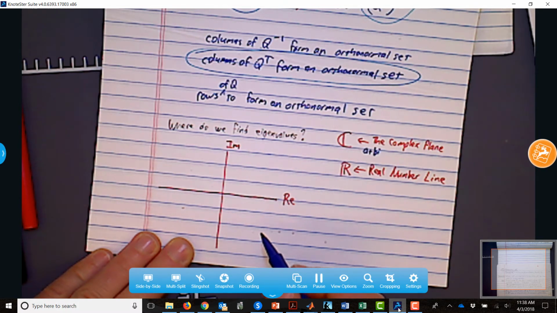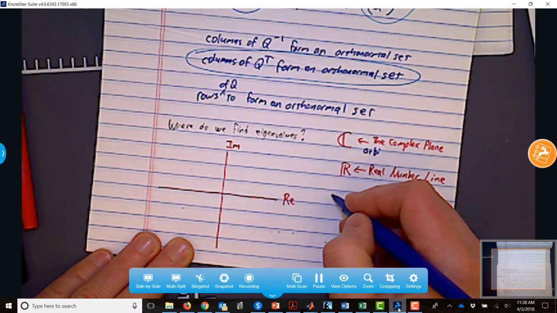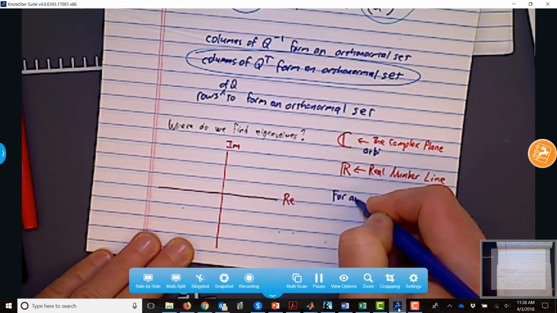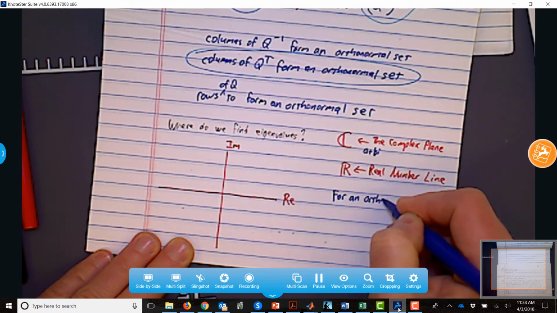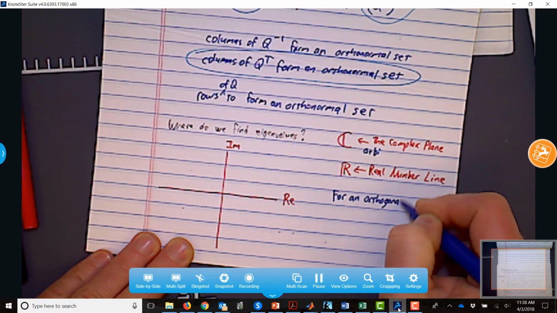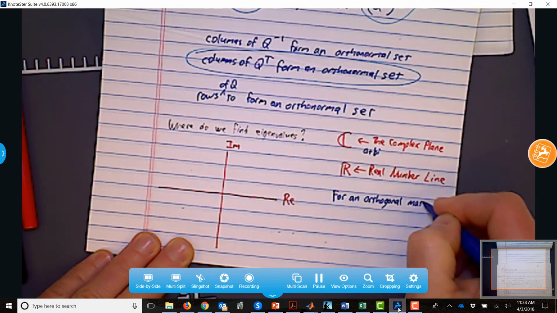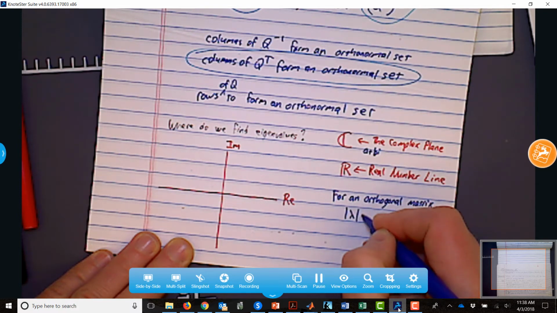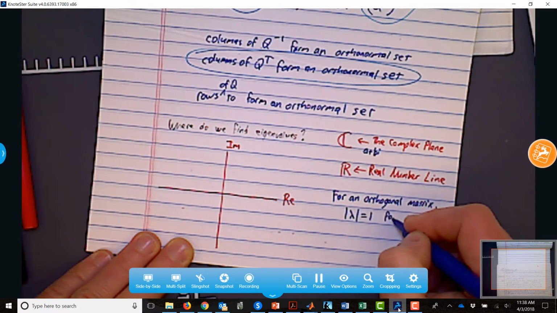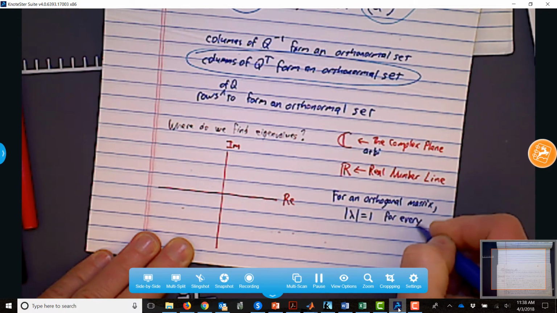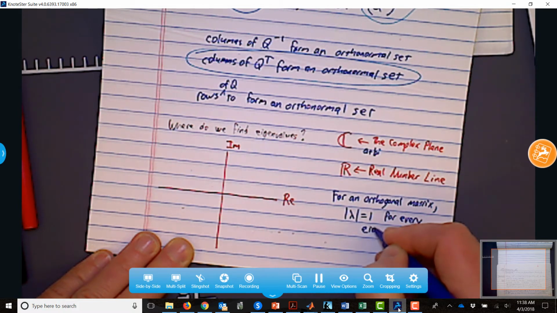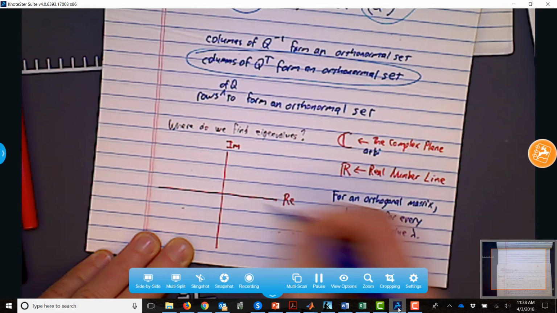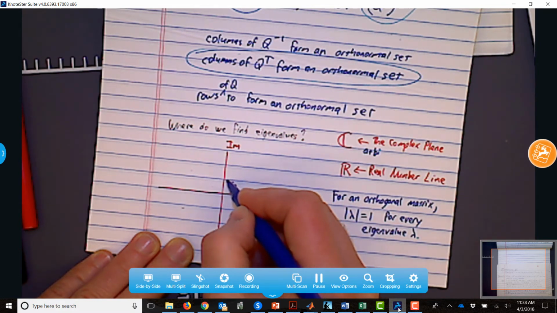When we say that for an orthogonal matrix the absolute value of lambda equals 1 for every eigenvalue lambda, that means they live on the unit circle.